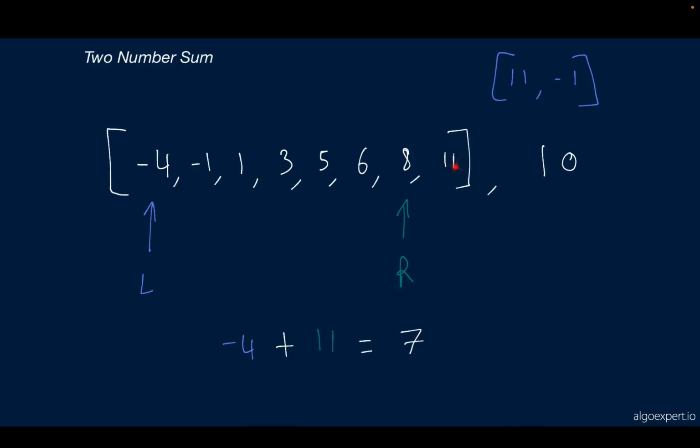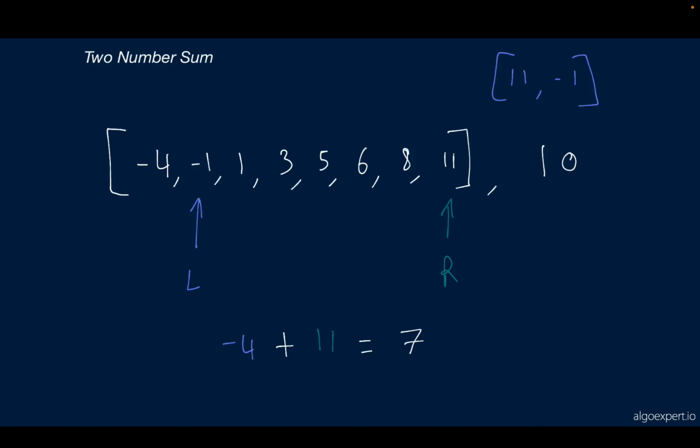And because 8 is less than 11, our new sum is going to be even smaller than 7, which is already smaller than 10. So instead of moving the right pointer to the left, we should move the left pointer to the right because we want to try to have a greater sum.